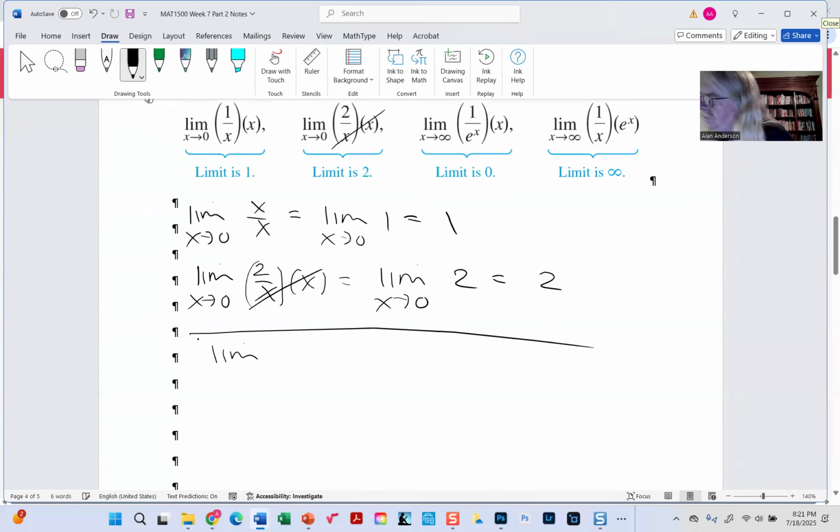Now, this one, limit as x goes to infinity of x over e to the x. Now, this is infinity over infinity. I mean, it's already infinity over infinity, which means I can use L'Hopital's rule.